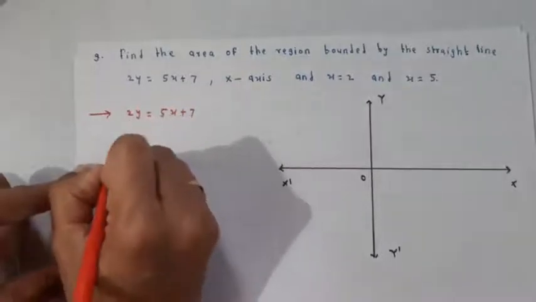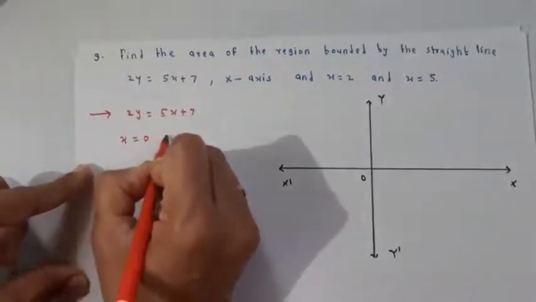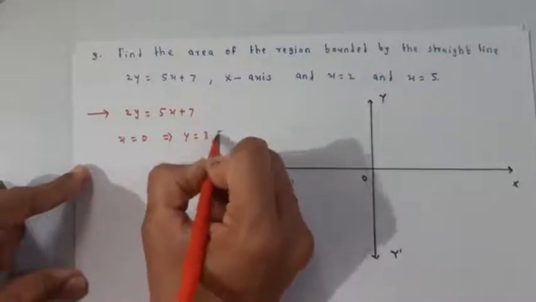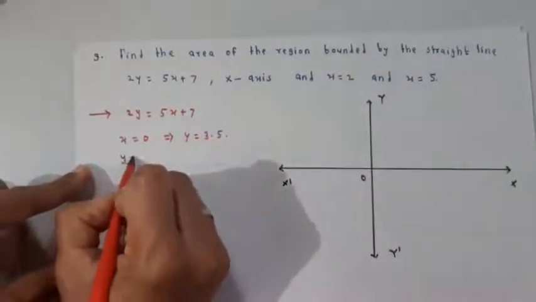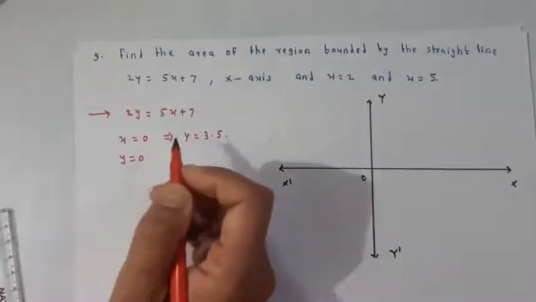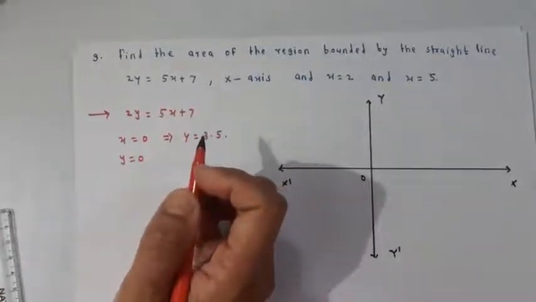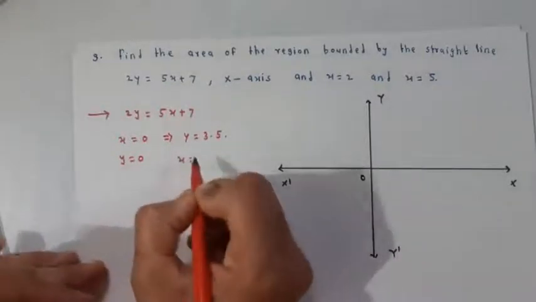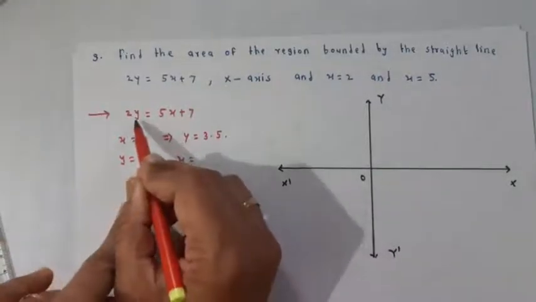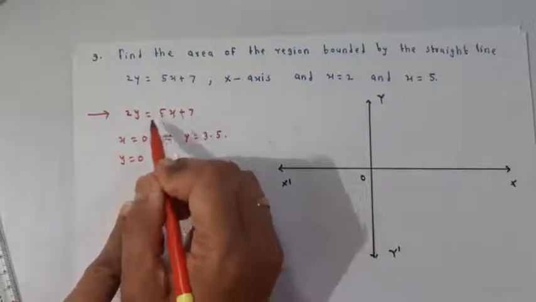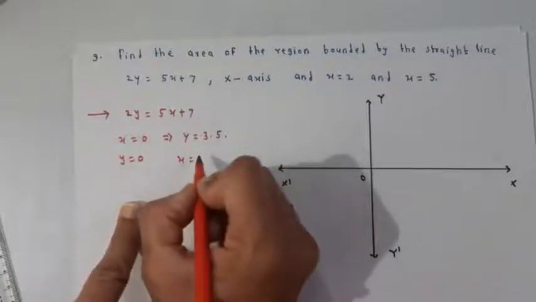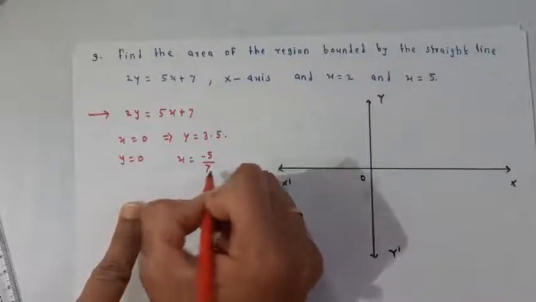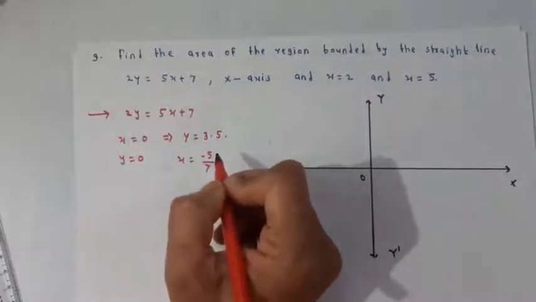When x equal to 0, y equal to 3.5, and when y equal to 0, x equal to minus 7 by 5.